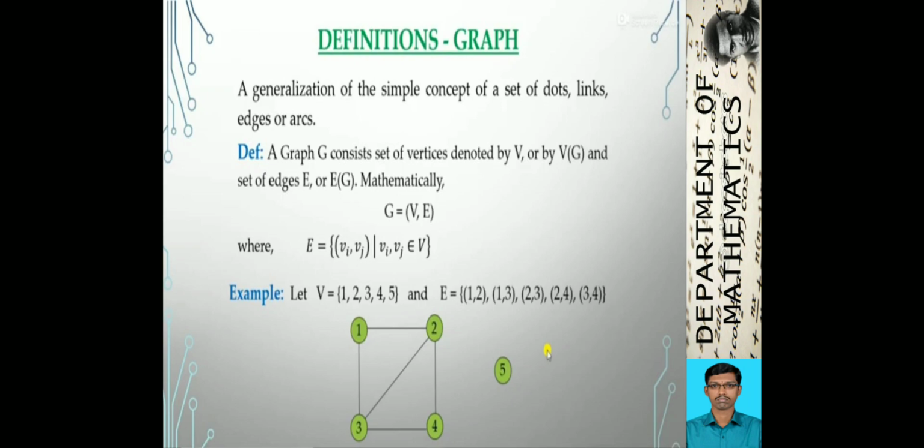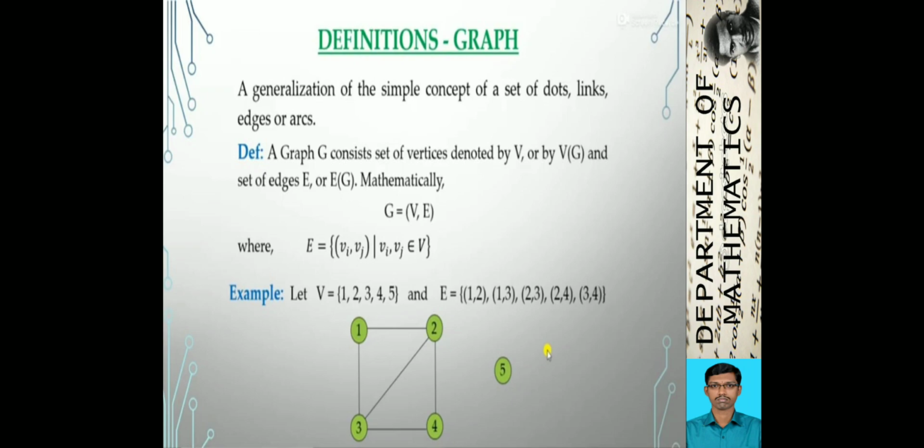First, we have to know the graph. A graph is a generalization of the simple concept of a set of dots, links, edges, or arcs. Here, the definition: a graph G consists of a set of vertices denoted by V or V of G, and a set of edges E or E of G. Mathematically, we can represent a graph as G = (V, E).